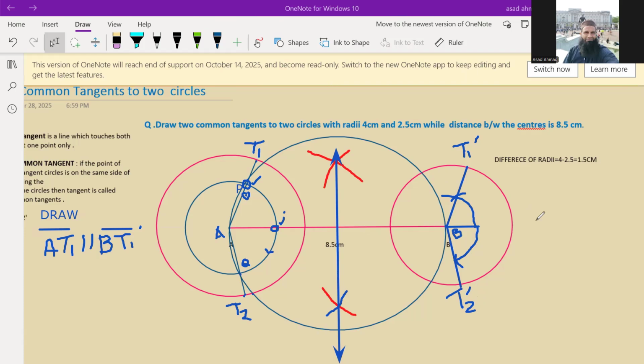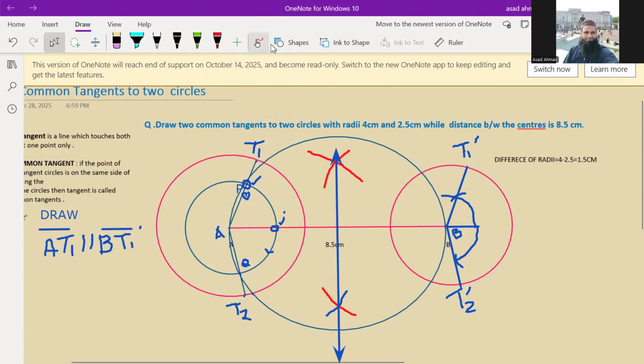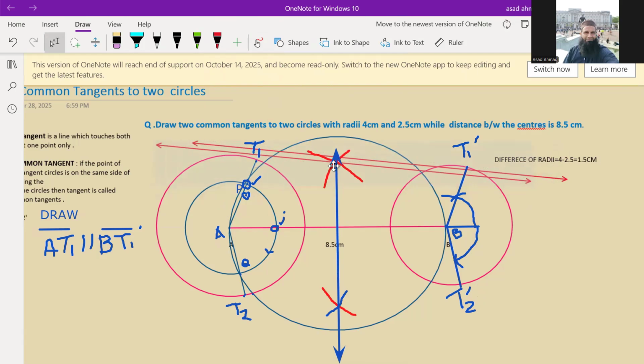Now we will be using the red color to indicate the points of contact. So let me remove it and I will try to adjust it.